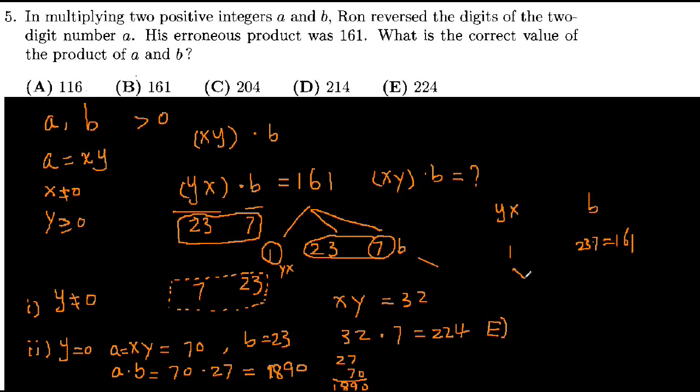Then you could say y equals 0, x equals 1, and so XY would be equal to 10. And you can have A times B, in this case 10 times 161, would be 1610. But again, this is not given as one of the possible choices from A to E, so the final answer is E.